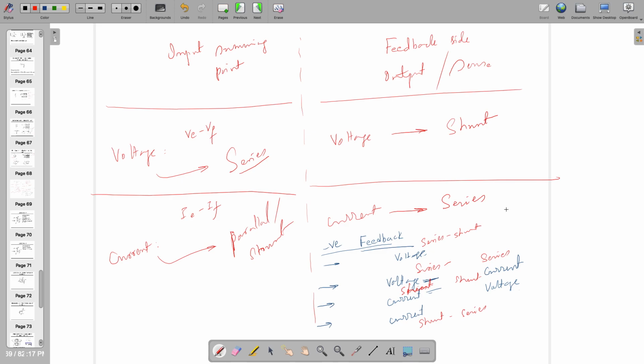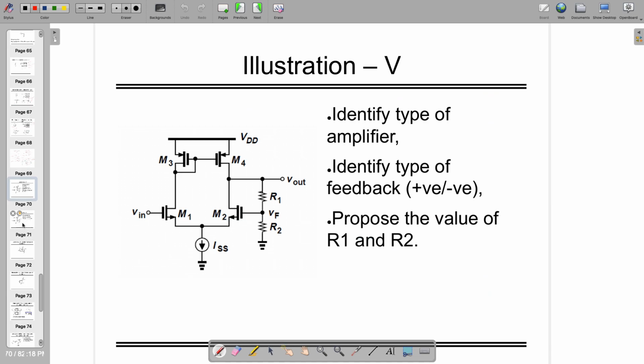So that is the topology for negative feedback. Different books follow different naming, but in general people call them voltage, current, voltage and current amplifiers in negative feedback. Now you might have to identify the type of amplifier first, and then identify whether it's negative or positive feedback.